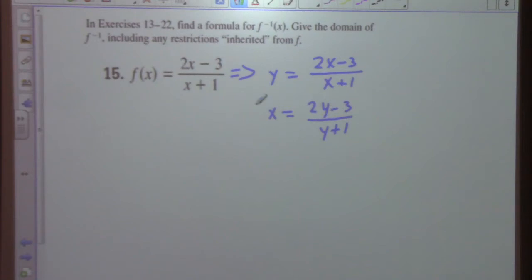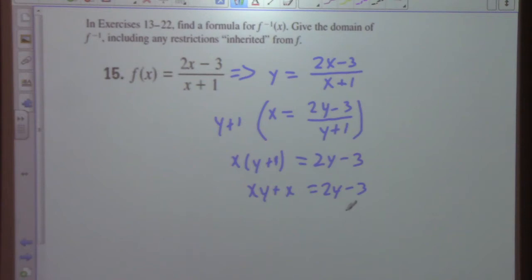So the next step is solve for y. How would you solve this one for y? Multiply by y plus 1. So we multiply by y plus 1, we get x times y plus 1 equals 2y minus 3. And then distribute. Okay, xy plus x equals 2y minus 3.